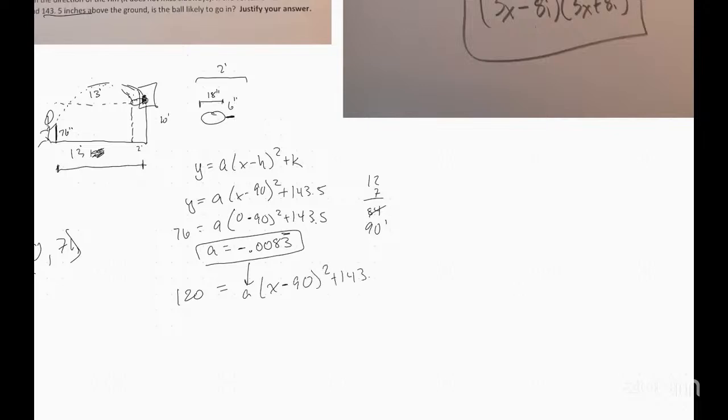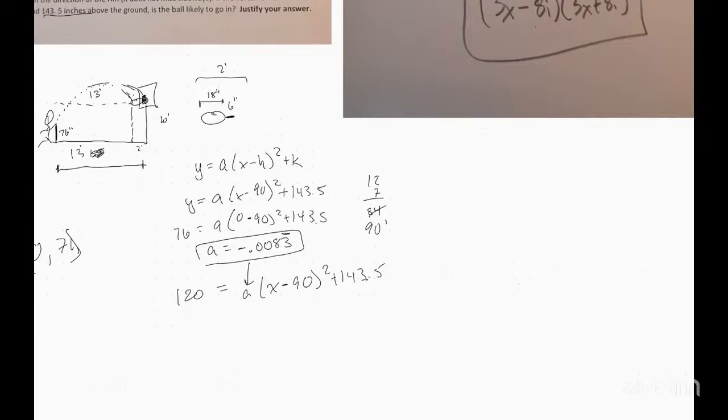I'm storing that for X, by the way. That's the trick. You can use the store button, the value for a, store that for X. So 120 minus 143.5 divided by a. That's 2820.